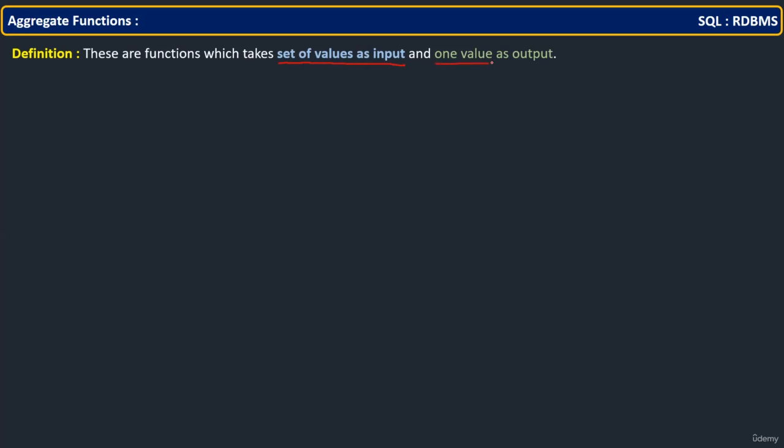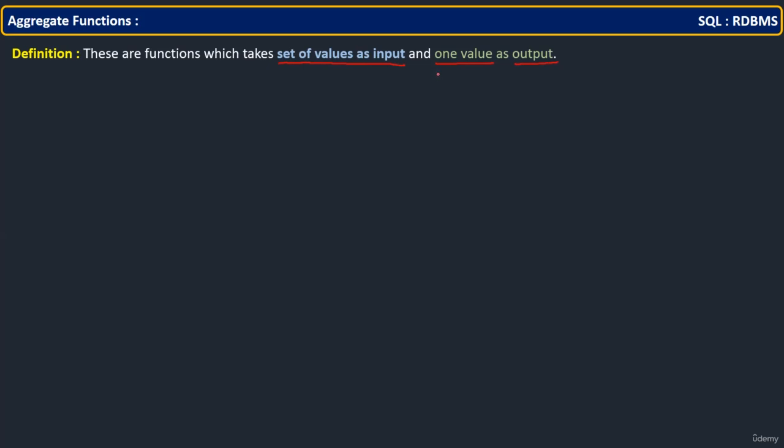Okay. So it is very simple first of all, what aggregate functions will do commonly. These aggregate functions, very importantly, take a set of values as input. You are going to give a set of values as an input. Always, very importantly, you will get only one value as an output. That is the one important thing you must understand about aggregate functions.